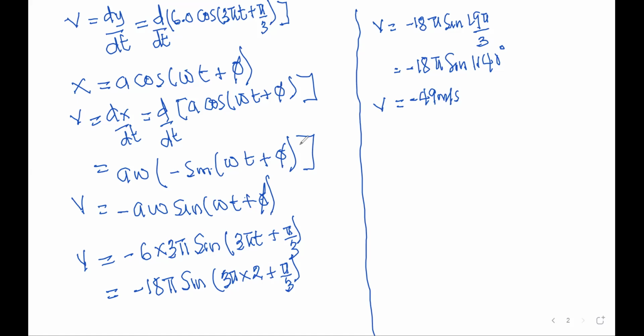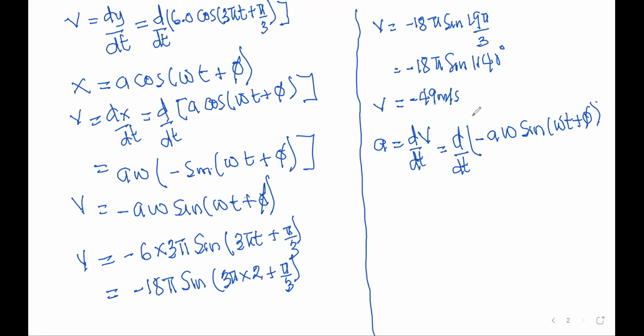Then the acceleration. Acceleration a is equal to the differential of velocity with respect to time, so dv on dt. So to get acceleration, we must differentiate the velocity function, which is negative A omega sine(omega t plus phi). I'm using the general formula so we can apply it to our given equation.